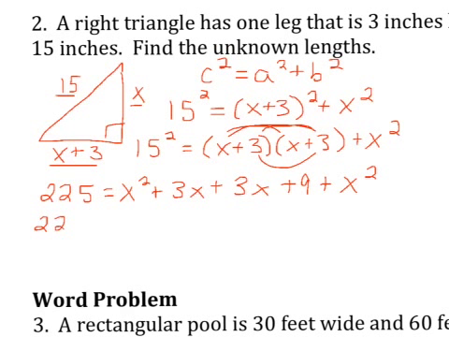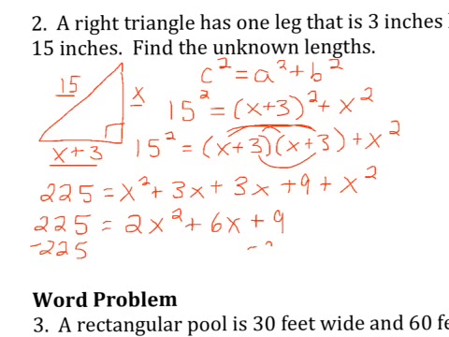So 225 equals 2x squared plus 6x plus 9. And we want to subtract this 225 over to the other side. So we get 2x squared plus 6x minus 216 equals 0.